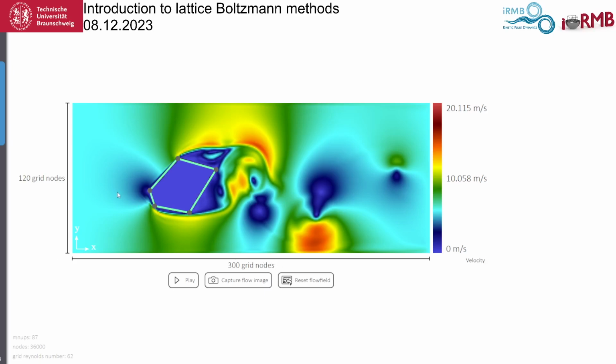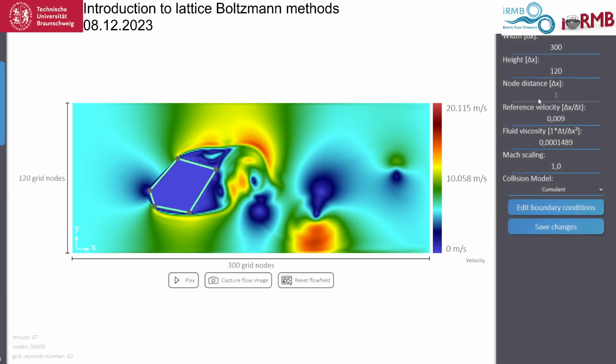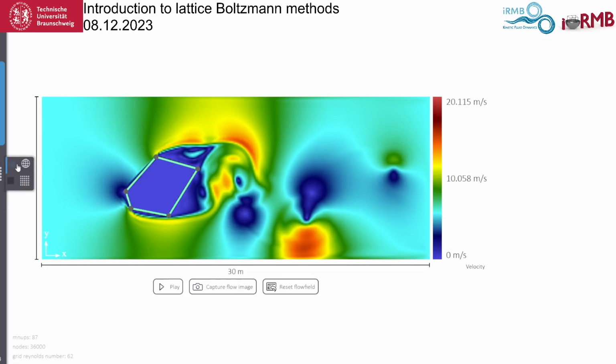In this tool we can also have some changes. For example, we can change the resolution. In delta x we can of course not change the resolution. We can only change the resolution in world coordinates.